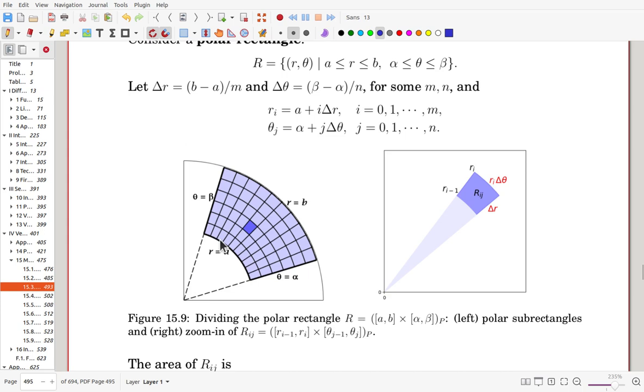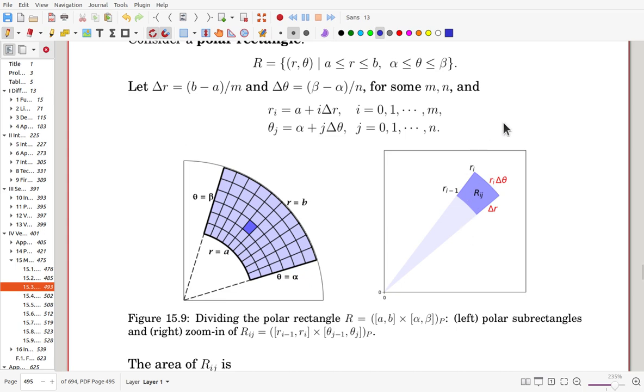Okay. Now, we focus on one sub-region. Let's say there's Rij. So we have it here, zoomed in. For this one, let's try to find the Riemann sum.